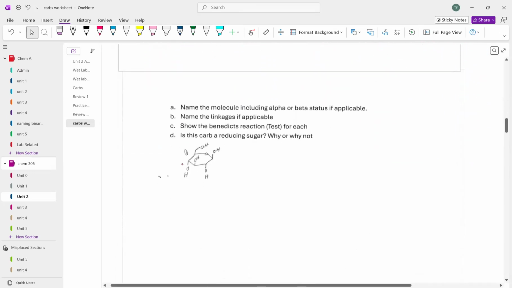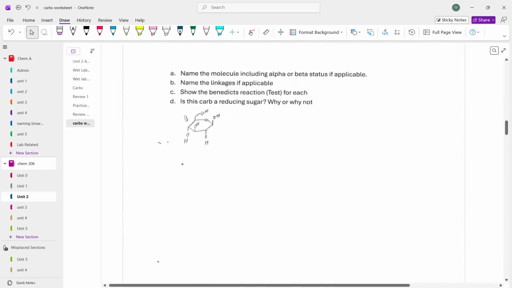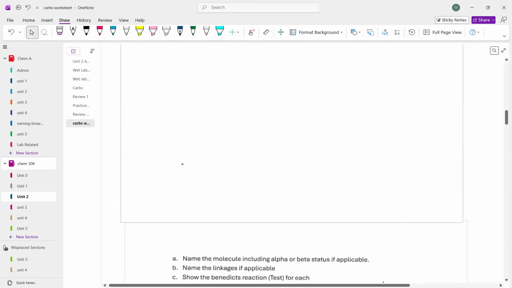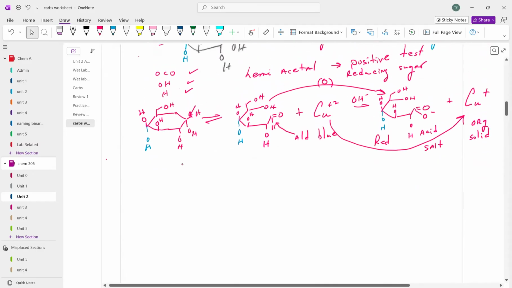Okay, so this is beta glucose. Because it's a monosaccharide, there are no linkages, only with di, oligo, and poly. Everything's the same except the name is different.